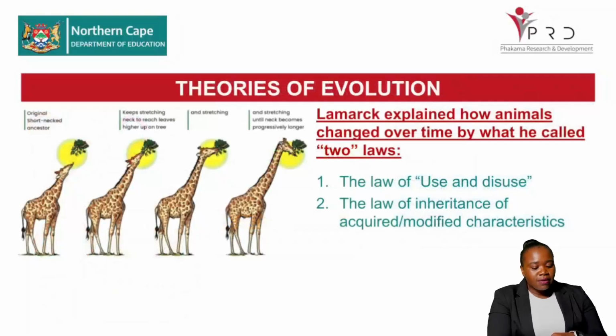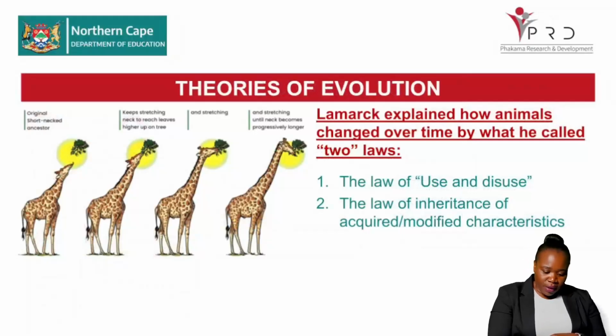Now, looking at the theories of evolution. Here, we look at Lamarckism as well as Darwinism, meaning that we are going to look at the explanations that were made by Lamarck on the evolution of organisms, as well as how Darwin also explains evolution of these different organisms.